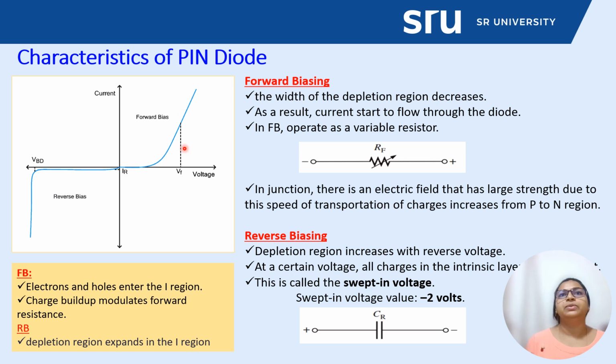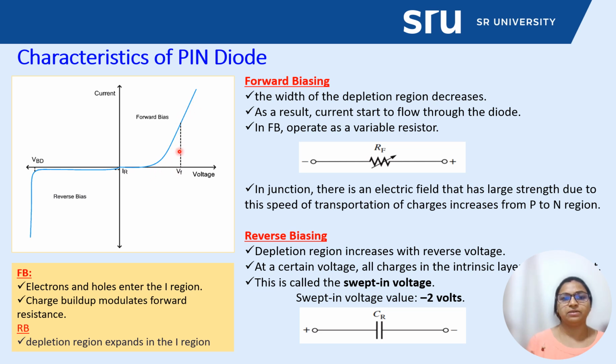Basically, in the forward bias the voltage is around 1.4 volt, higher than a typical PN diode, due to this intrinsic layer width. As voltage rises high, this showcases the variable resistance nature.